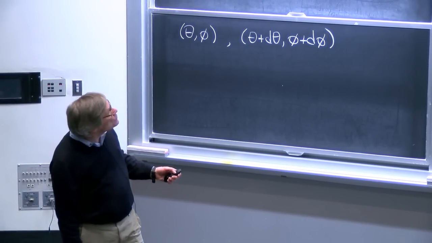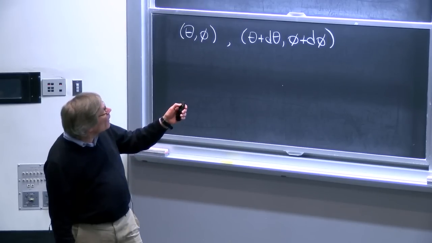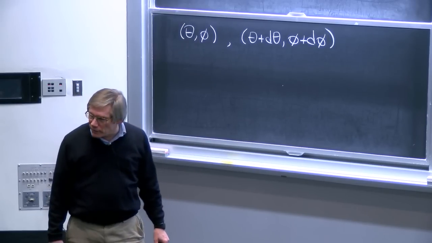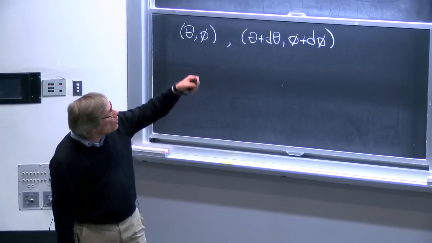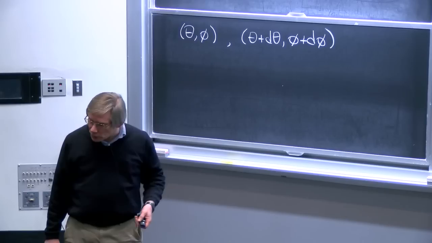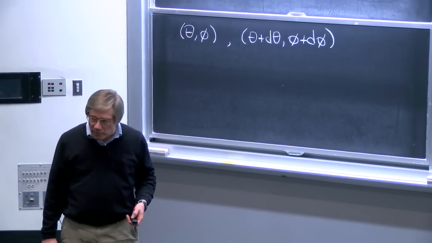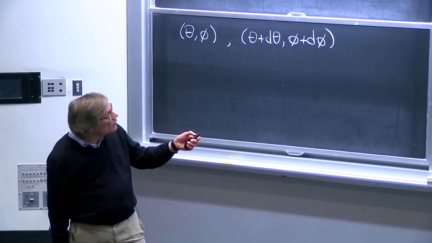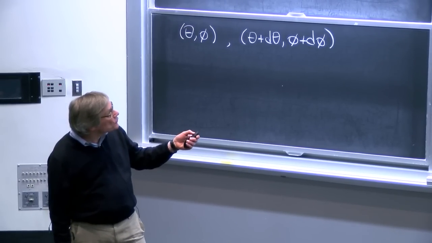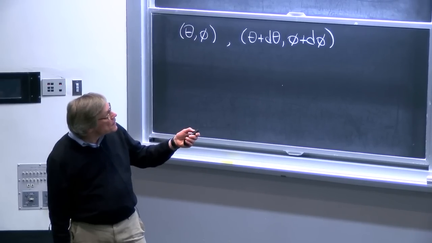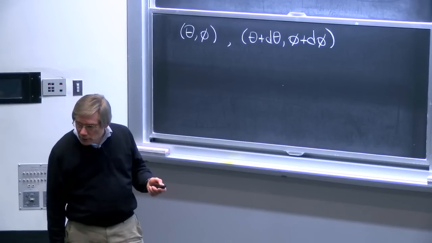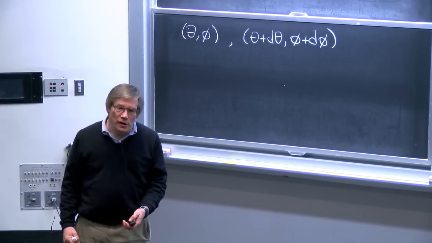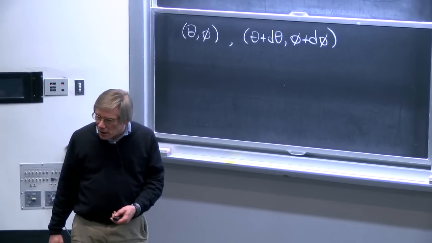So first, we can just vary theta. And if we just vary theta, we see that the point described by theta and phi moves along a great circle, which goes through the z-axis. And the distance that the point moves is just an arc length as a piece of that great circle. And since the subtended angle is d theta and the radius is r, the distance of that arc length really just follows from the definition of an angle in radians.